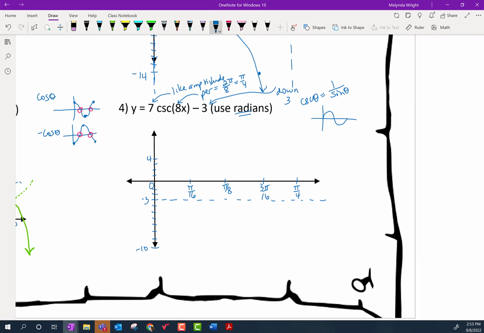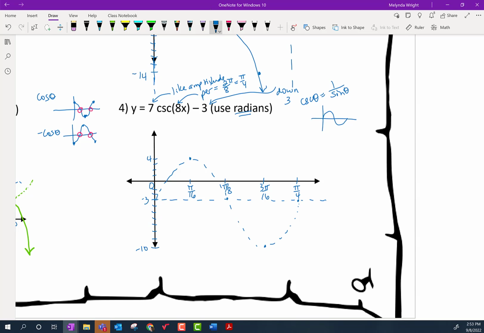We're going to start in the middle. We're going to go up to the highest part, down to the middle, then down to the lowest part, and then to the middle again. So there's our shadow.